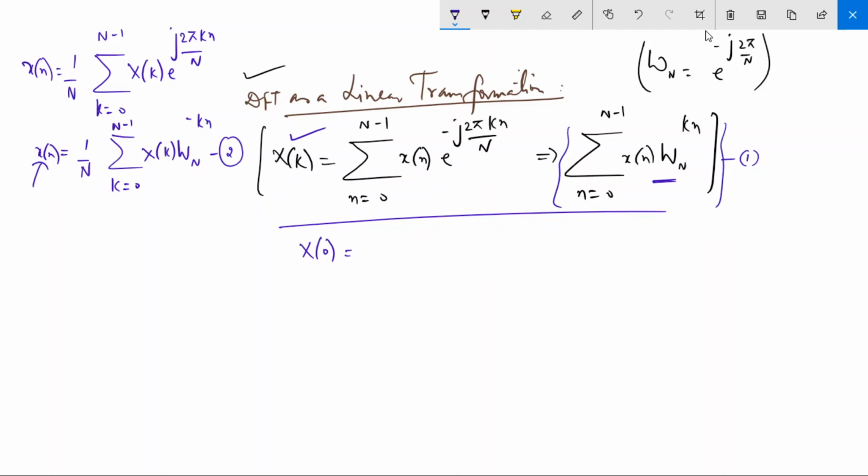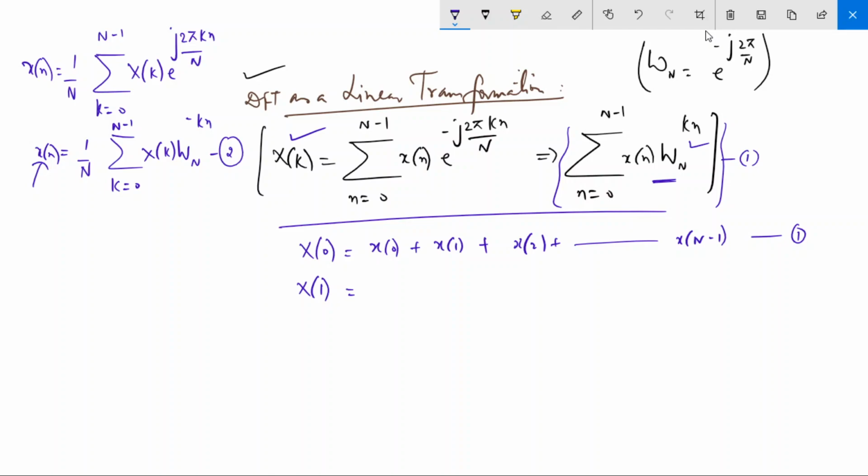So k is 0, so W_N to the power kn will become 1. As a result, your X[0] is nothing but x[0] plus x[1] plus x[2] up to x[N minus 1]. Similarly, for k equal to 1, you will get the next sample X[1].